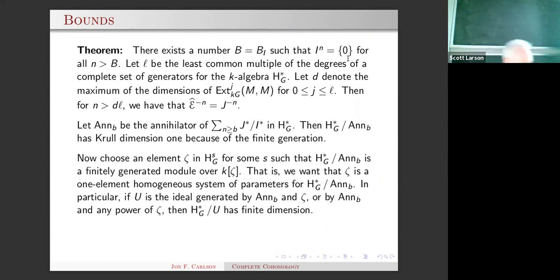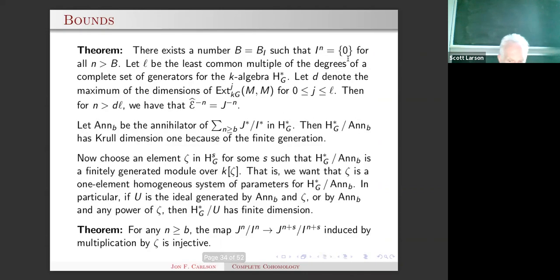In other words, what we want is zeta, if you're familiar with this, to be a one-element homogeneous system of parameters for this thing modulo the annihilator. Okay, and so if we take U as the ideal generated by the annihilator B and zeta to any power of zeta, then this is going to be finite dimensional. This H star G mod U is finite dimensional.